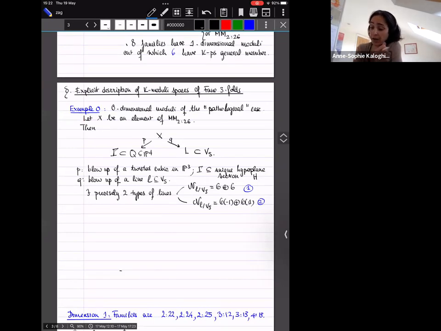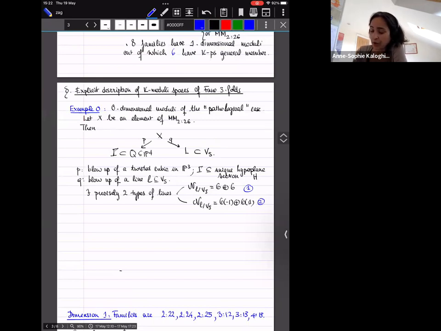And the other extremal ray is the contraction of a twisted cubic curve in P3. Perhaps here I should say that this space V5 has been studied a lot. It has rich connections to representation theory. We know a lot about this space. It's a linear section of the Grassmannian Gr(2,5).